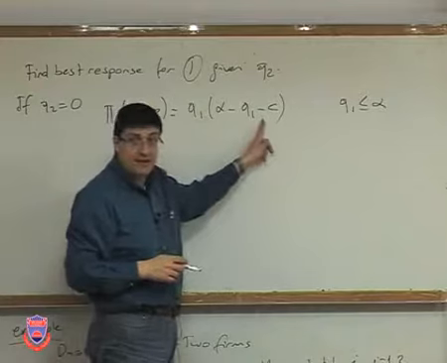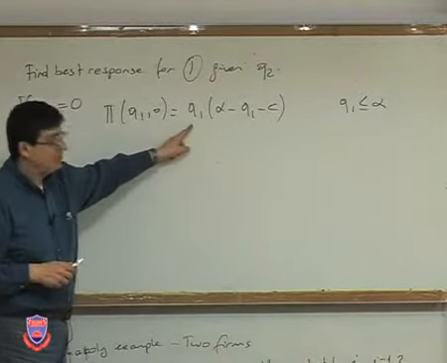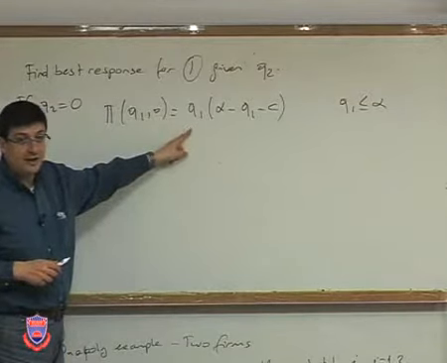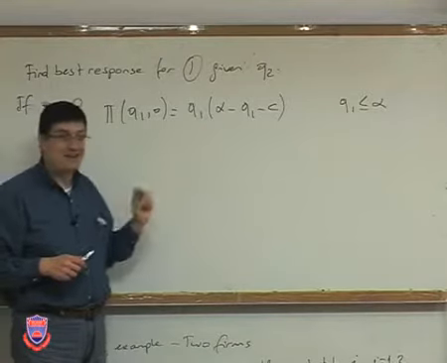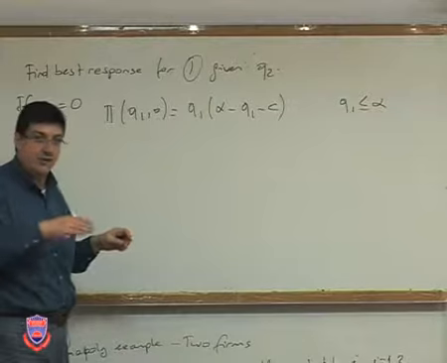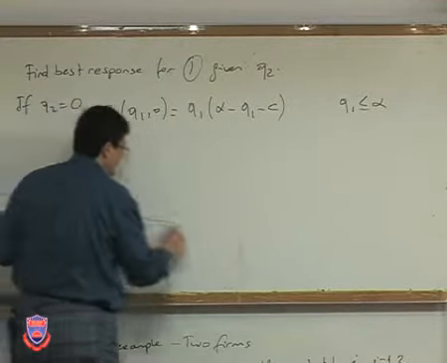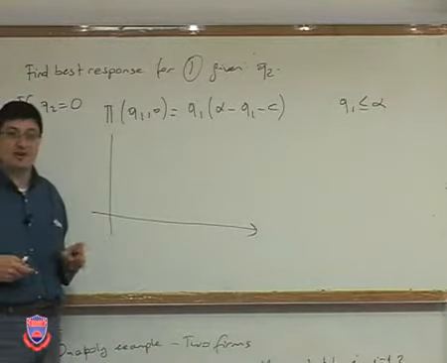What kind of a function is this over Q1? It's nonlinear. It's a quadratic function. Okay? It's a polynomial of degree 2. Okay? And so is it a concave function or a convex function?